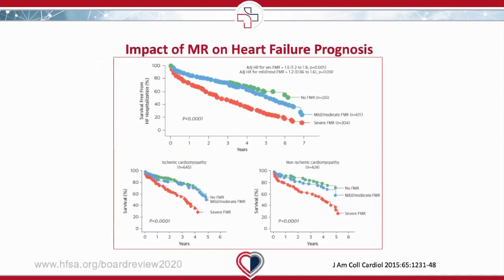Now, secondary MR or functional MR is a powerful predictor of death or transplant, even in patients with less severe heart failure. This is a fantastic review article by Greg Stone and colleagues, which I encourage you to take a look at. They highlight here that there's a 50% survival at 3 years among heart failure patients with severe functional MR due to ischemic cardiomyopathy, and a 50% survival at 4 years among non-ischemic patients.